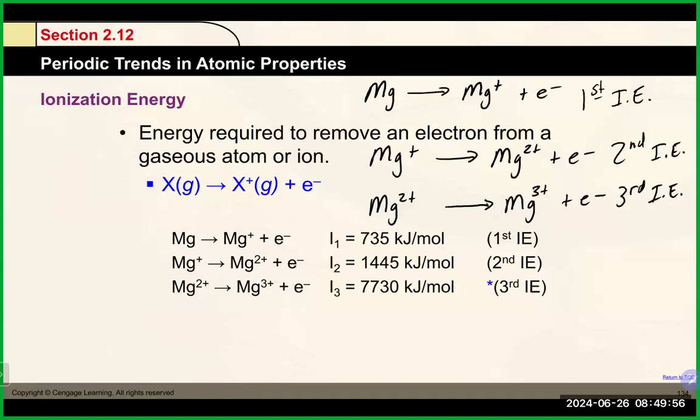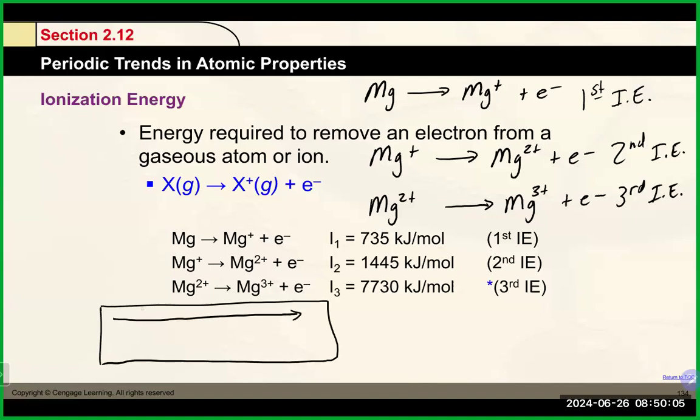Now, the general trend for ionization energy is that as you go on the periodic table up and to the right, the first ionization energy increases, and it decreases as you go down.